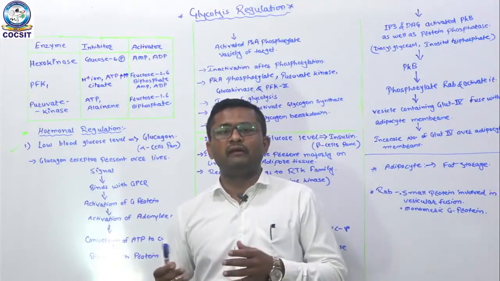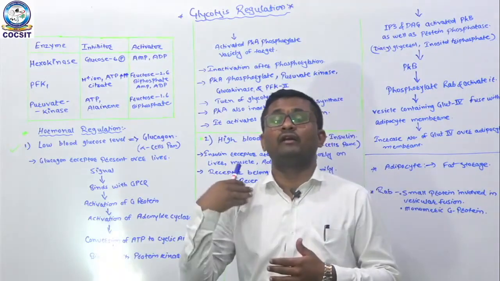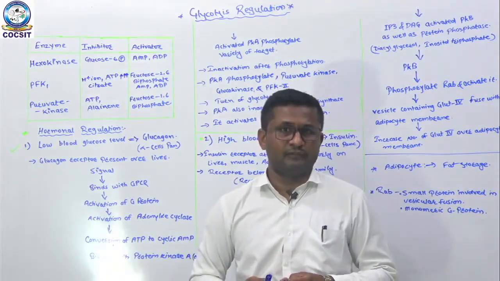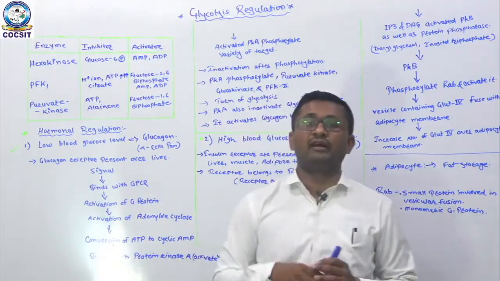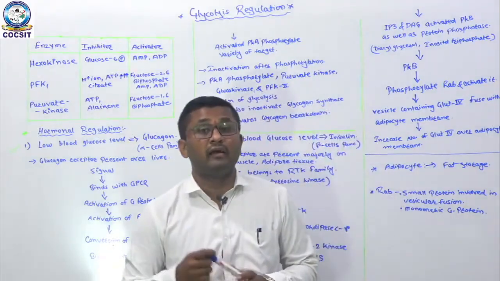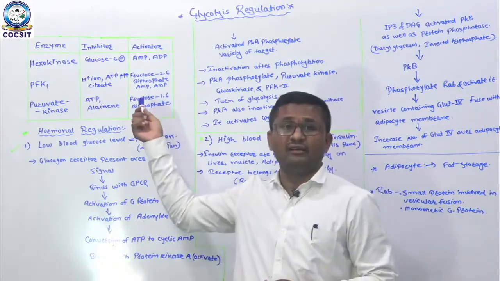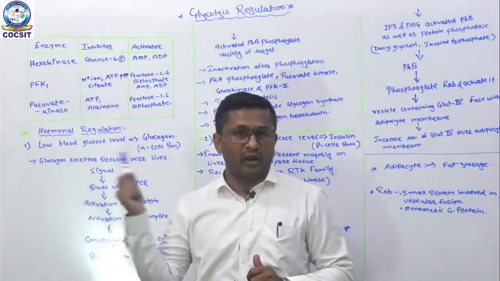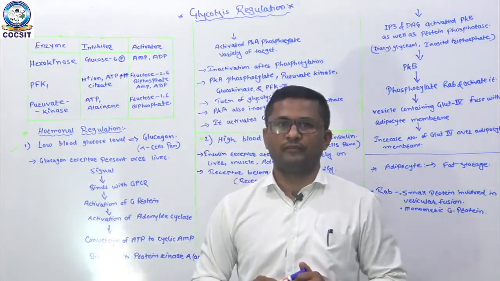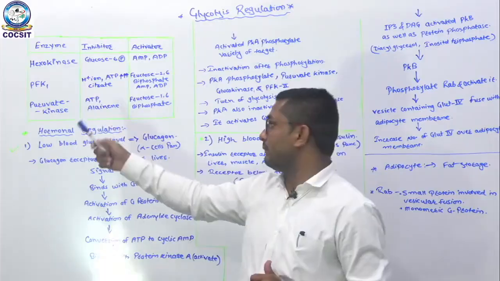Whenever there is a need for energy in the body, energy has already been utilized by the cells, meaning ATP has been dephosphorylated and converted into AMP and ADP. So the level of AMP and ADP will increase, and they will activate PFK1.